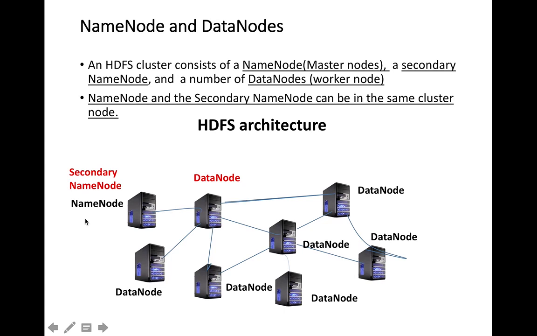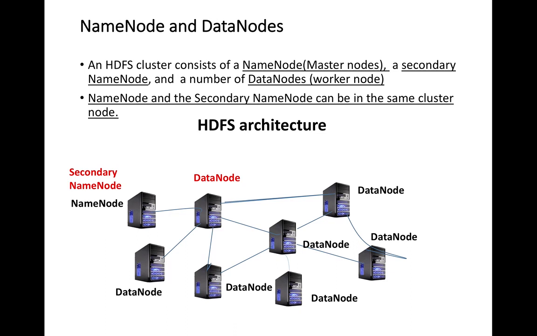You use one machine for the name node, one machine for the secondary name node, and other machines for data nodes. But if your network is very small, for example you have 3 computers, then you can put the name node and secondary name node on one computer, and the other 2 are data nodes. Or you can even use the first machine as a name node, secondary name node, and data node, and the other 2 are also data nodes. That means you have 3 data nodes on the 3-computer network.